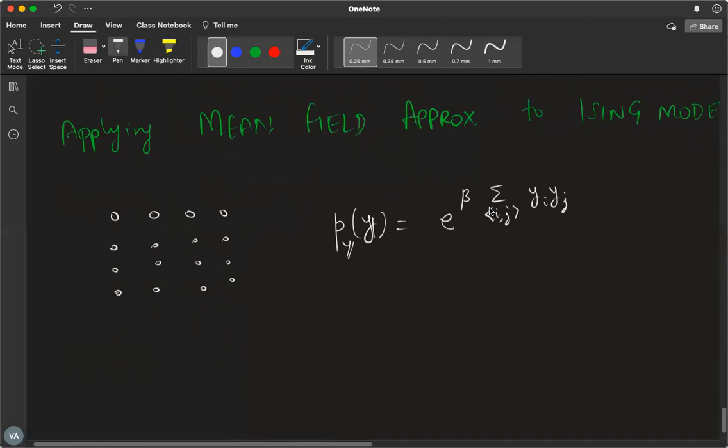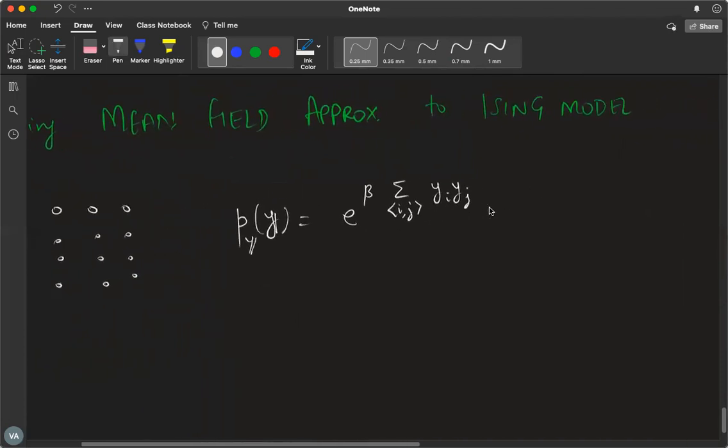Now, this is the model without any external field. If you apply an external field, then you get an extra term, where bi is some external field and yi is the value at a particular ith location, and you sum over all i.